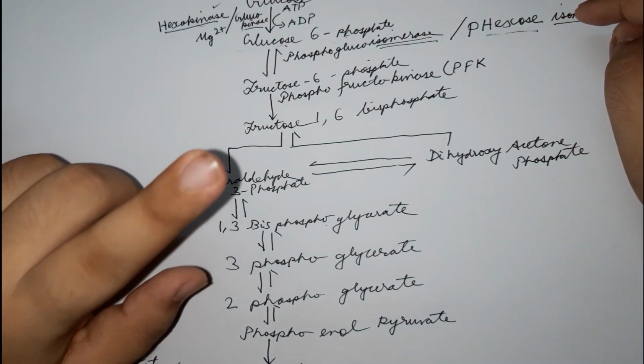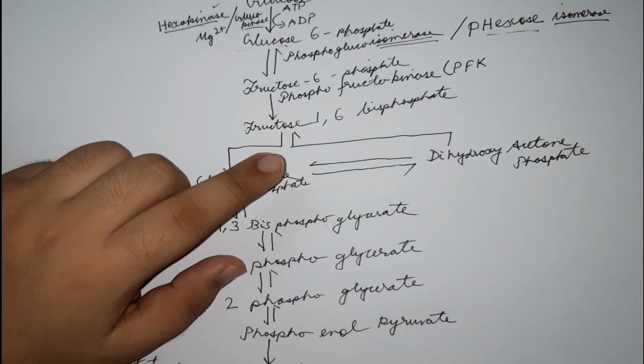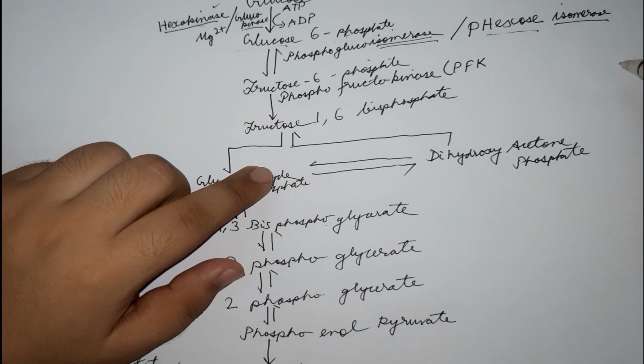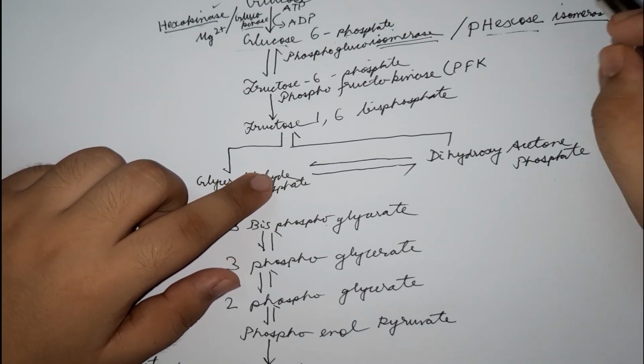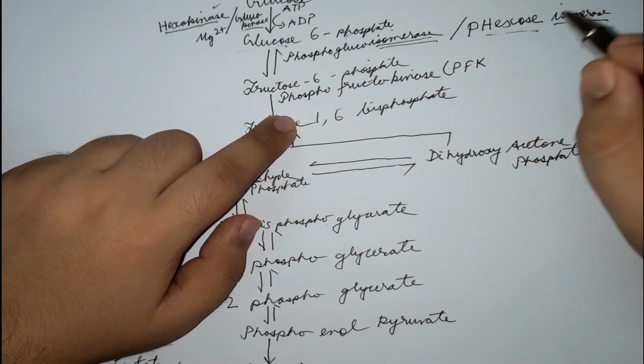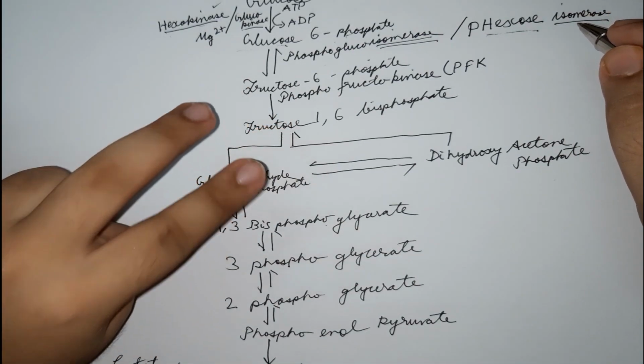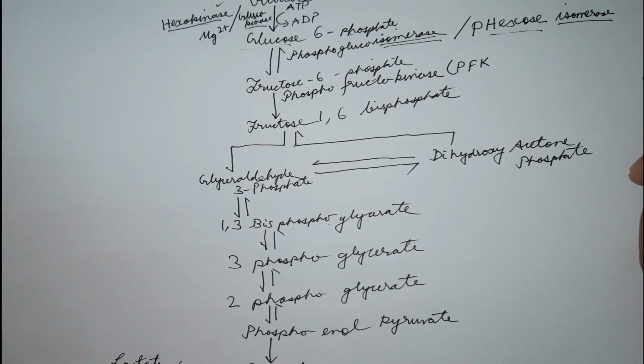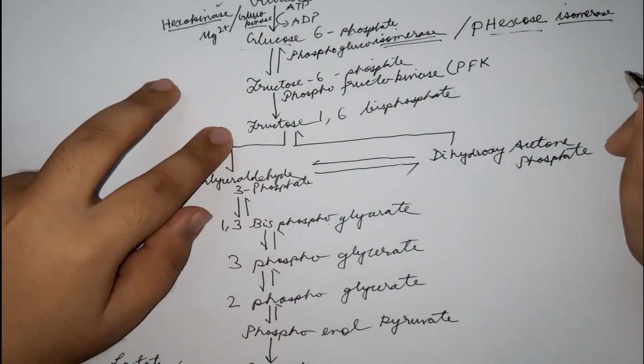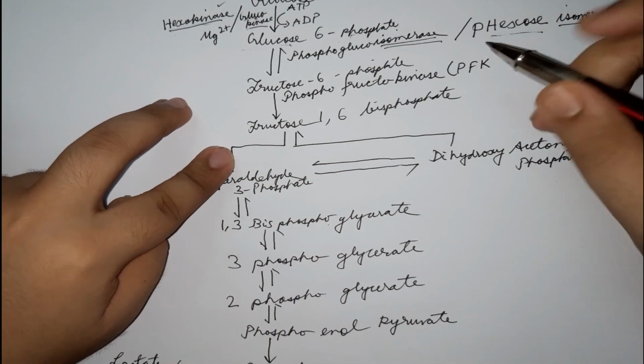Phosphofructokinase. Now, as you can see, I have not closed the bracket here. Why I have not closed the bracket is because phosphofructokinase, this enzyme has two forms. We'll talk about this later in the next discussion in detail.